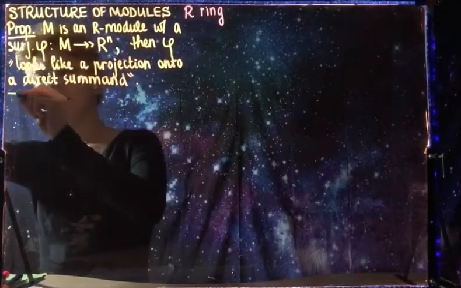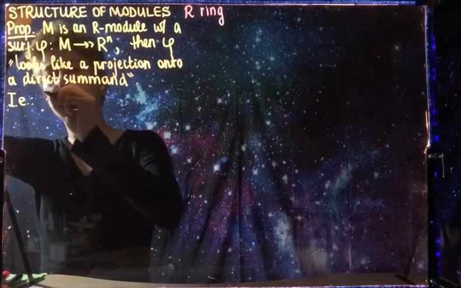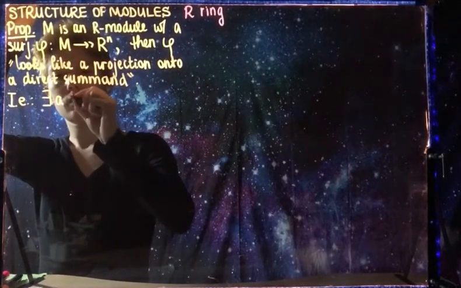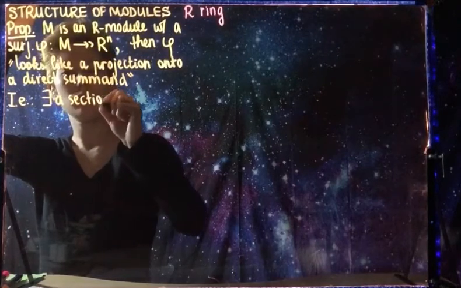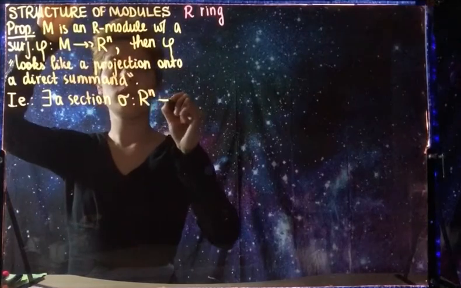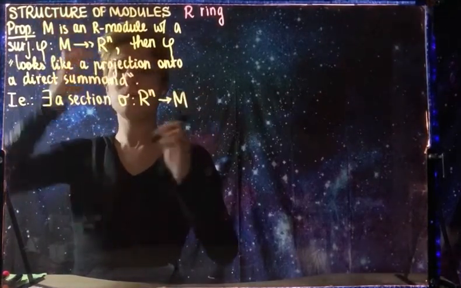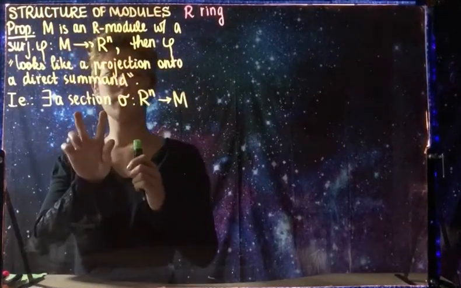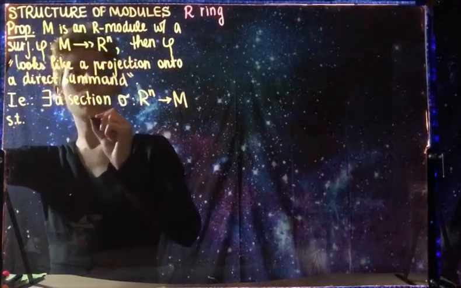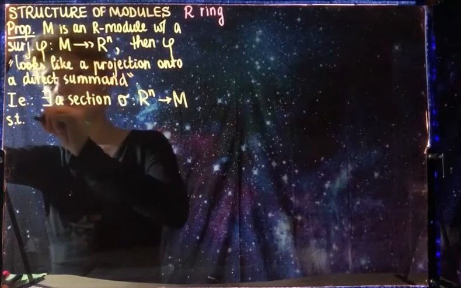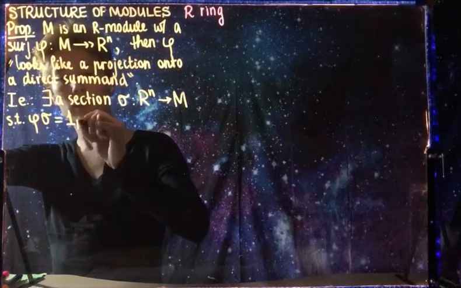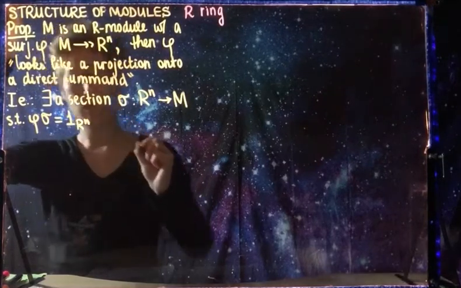More precisely, it means that there exists a section sigma from R^n to M, and that it is a section means that the composition phi sigma is equal to the identity on R^n.